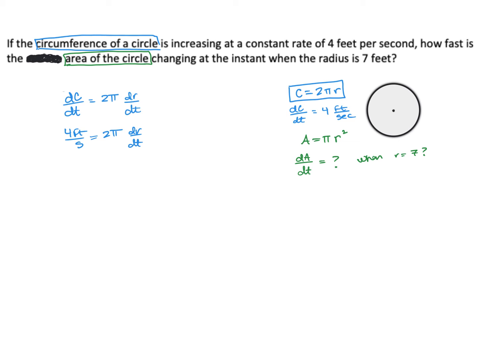And if we divide both sides by 2 pi, or if you think about it, multiply by 1 over 2 pi, that gives us dr over dt equals, and the 4 and the 2 simplify. So you have 2 over pi feet per second, and those are the appropriate units because a radius is a linear measure.